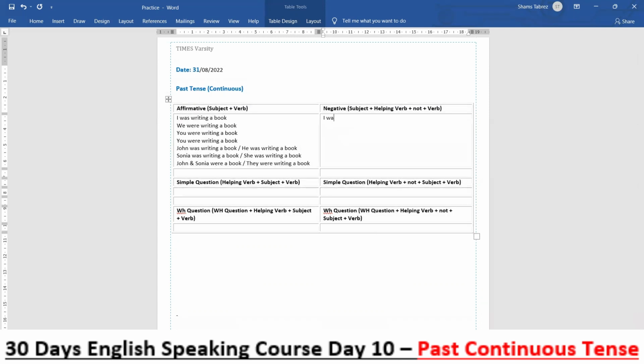Perfect. I was not writing a book, because you see, this is an affirmative sentence and just the word not is added after the helping verb. Now it becomes negative. I was not writing a book. Then, yes, next. We were not writing a book.